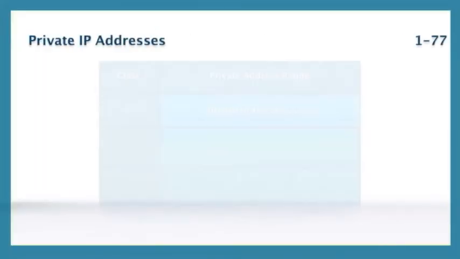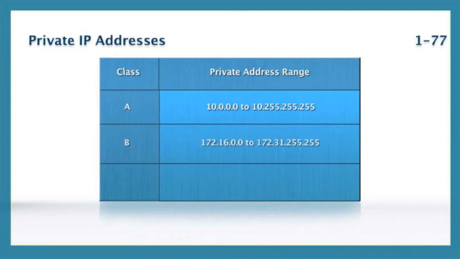And then for the Class C, it's all of the Class C addresses that begin 192.168. Okay, so 192.168, whatever, that is private address space.